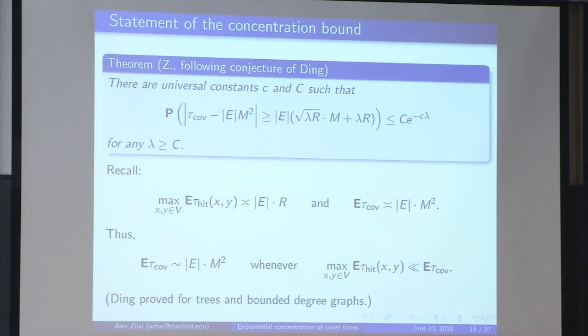There's also a kind of converse due to Aldous, which says that if the hitting time is of the same order as the cover time, then you do not have concentration of the cover time about its mean. That makes sense if you think of the hitting time as the fluctuation of the cover time. Maybe at the end I'll return to that briefly.